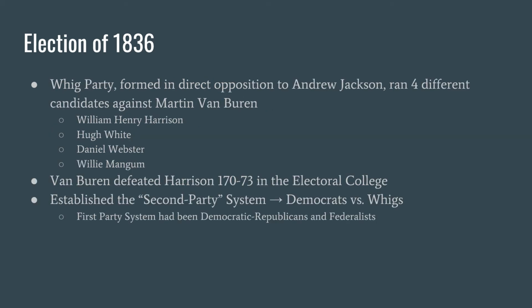So, election of 1836, Andrew Jackson decides he is too old to run for another term and hand picks Martin Van Buren, who had been his Secretary of State and also his vice president, to be his successor.